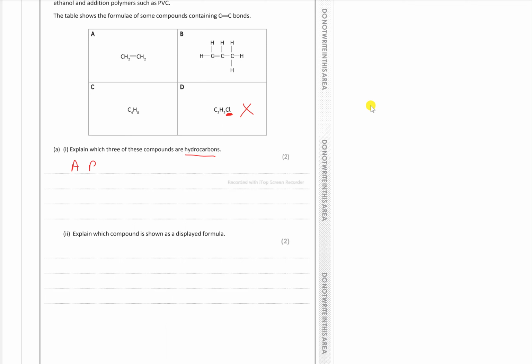So it'll be A, B, C because they only contain hydrogen and carbon atoms. Don't be lazy and write H; write hydrogen and carbon out fully.